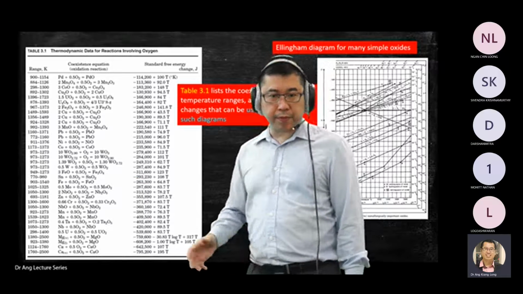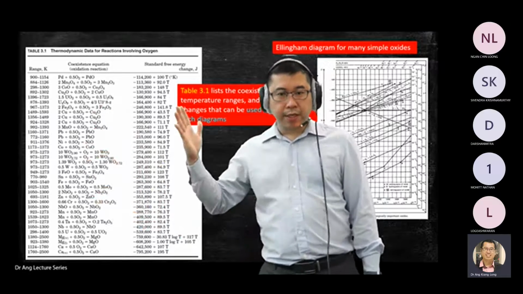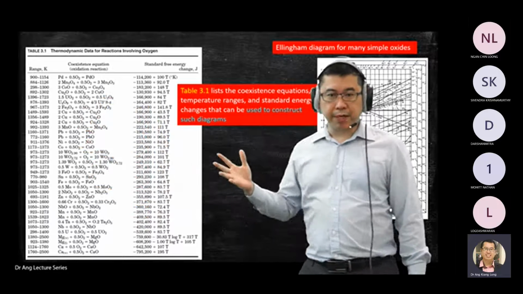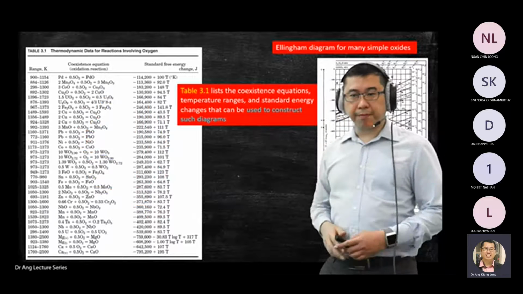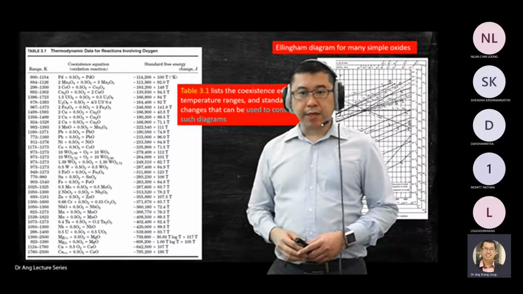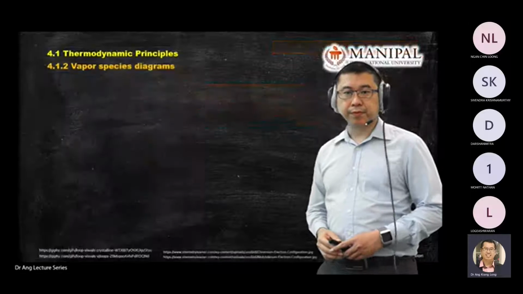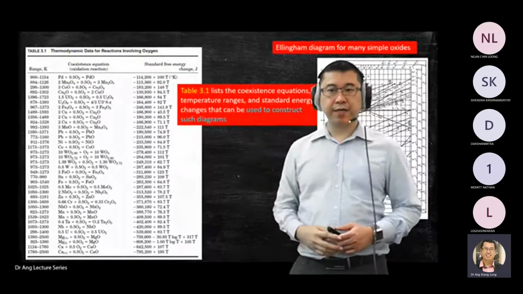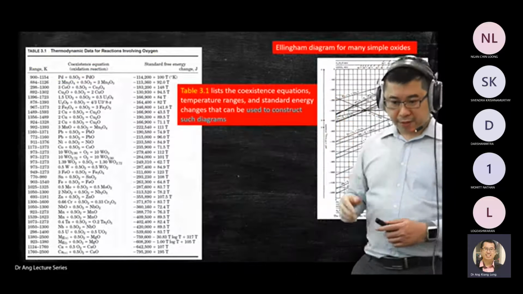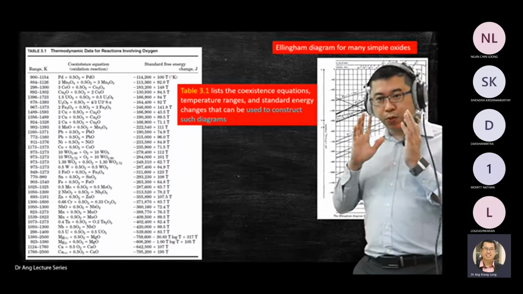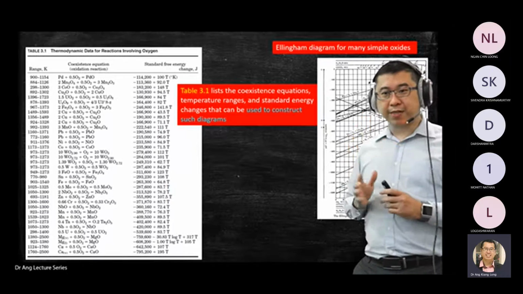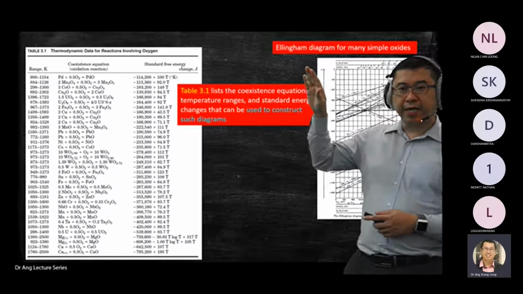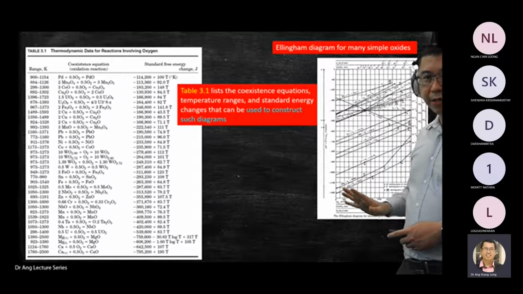Basically, this table comes from experiment. They measured from the experiment and then plotted into the Ellingham diagram. Okay, we have cleared the first chart, the Ellingham diagram. Again, when you talk about Ellingham, you talk about oxide, formation of oxide, stability of oxide. The lower it goes, the more stable it is.